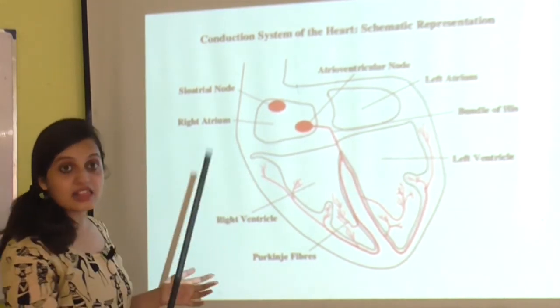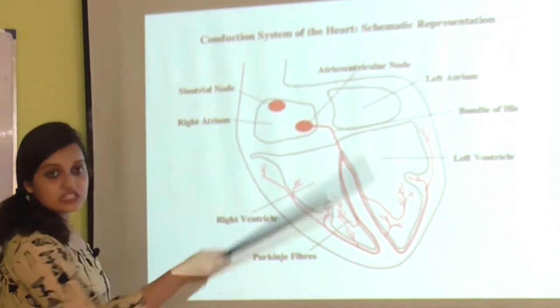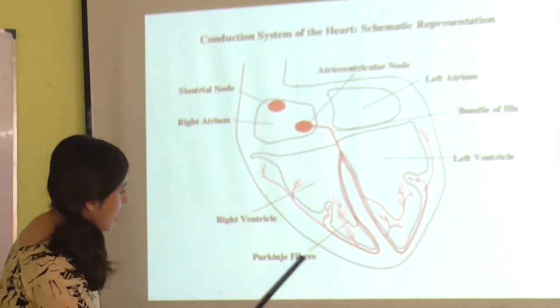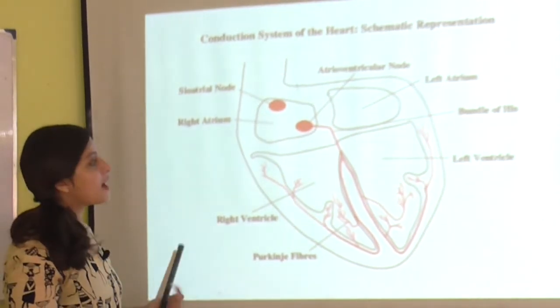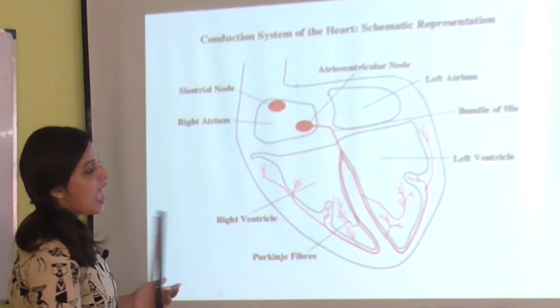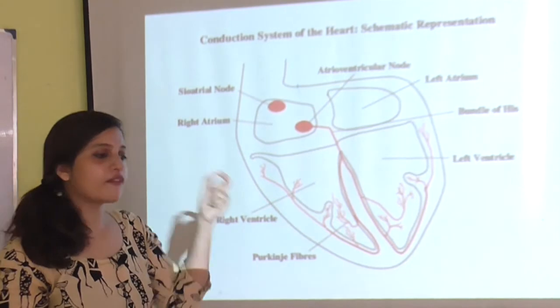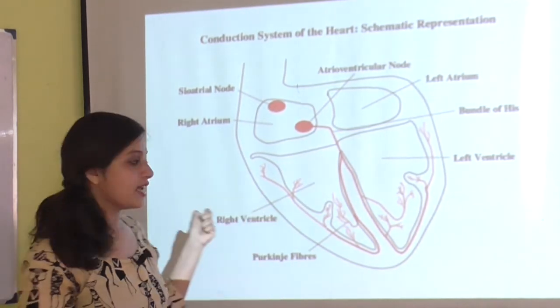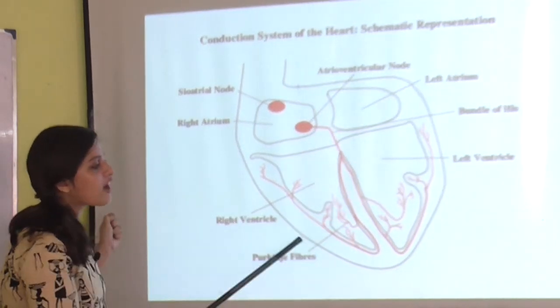The next and the last part of this specialized tissue is the Purkinje fiber. Purkinje fibers are present at the end, and they are very fine, very thin threads. And what is the work of the Purkinje fiber?